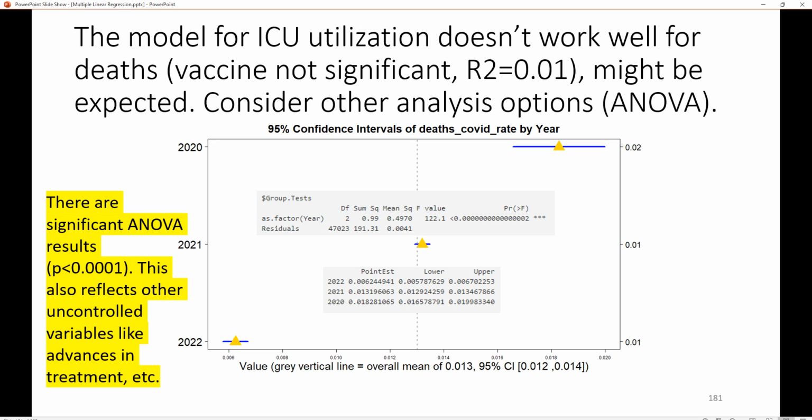So there could be many other things that are going on at the same time. We would expect the vaccine could help in this area as well. That we have face validity for that, but we also probably do need to take into account the different types of advances in treatment or different interventions that we've seen come out since 2020.